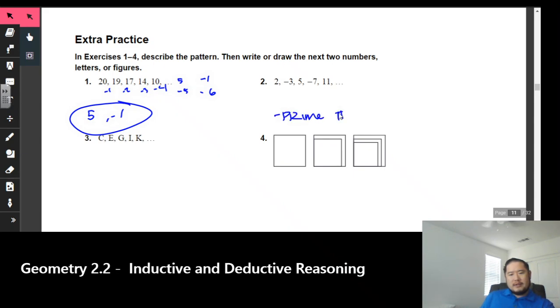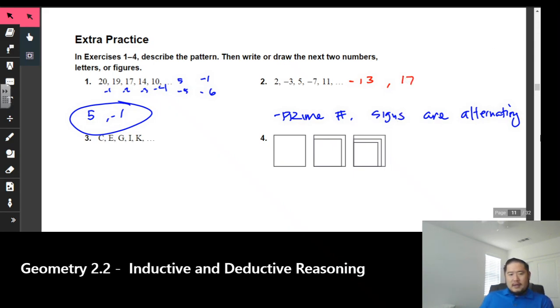These are prime numbers, and the signs are alternating, meaning that they are changing from positive to negative, positive, negative, positive, negative. So if this is -7, this is 11, then the next number should be negative. The next prime number happens to be -13. After that, the next number should be positive, and the next prime number that's positive is 17.